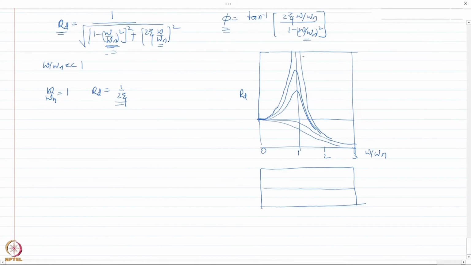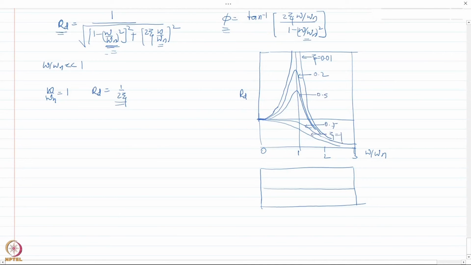All of them converge to a value of 0 at very large values of omega by omega n. Let us say this is a very small value of damping, 0.01. Let us say this is 0.02. This is perhaps 0.05, maybe 0.07, and let us say this is zeta equal to 1.